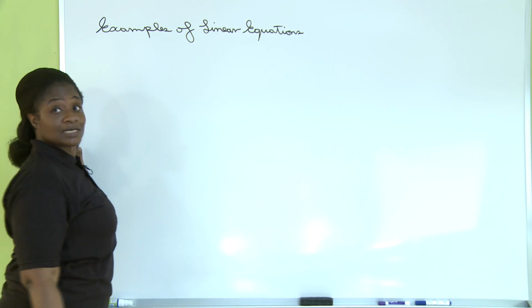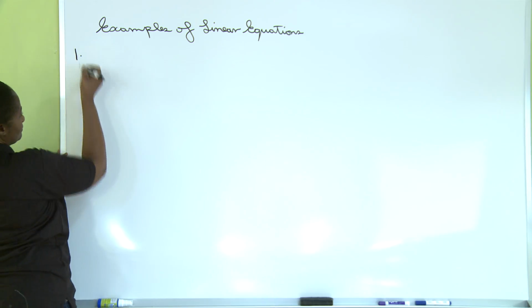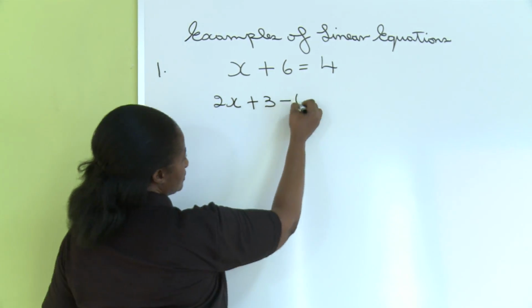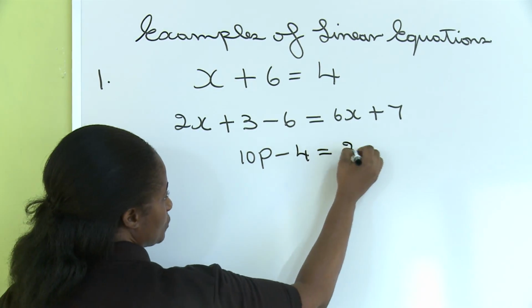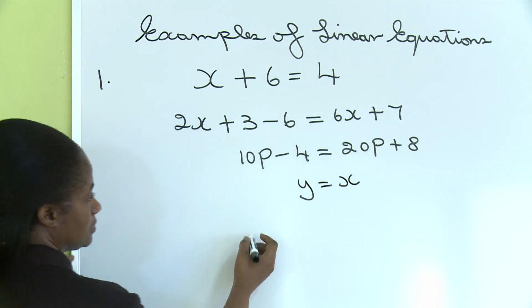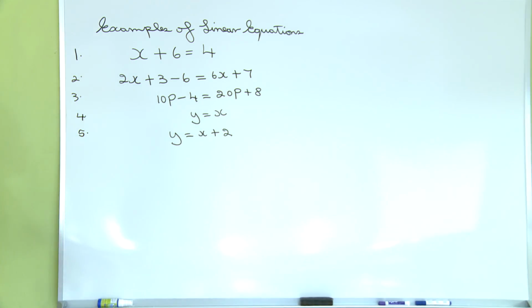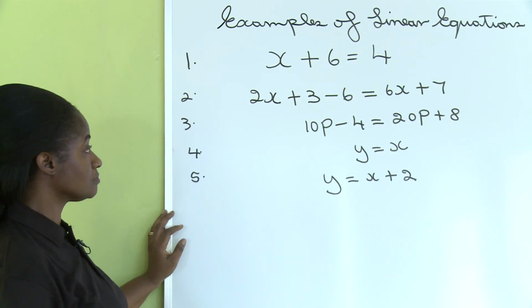That heading says examples of linear equations. So here we have 5 examples of linear equations.